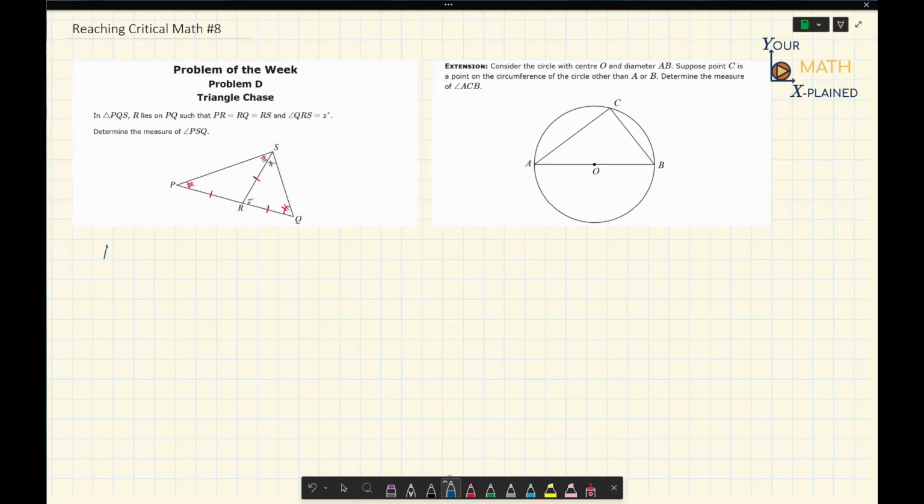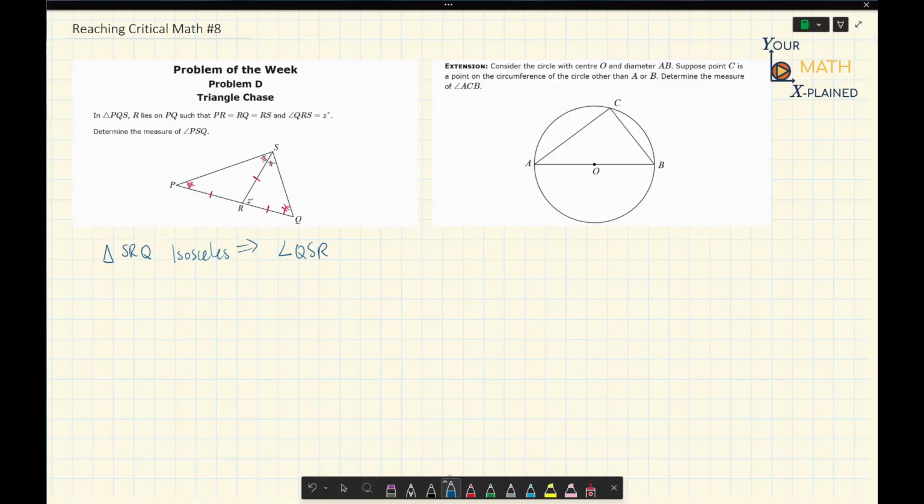So from triangle SRQ, the fact that it's isosceles tells me that angle QSR, and I'm wanting QSR because that's going to help me find the end goal of PSQ. We see that QSR is part of angle PSQ.